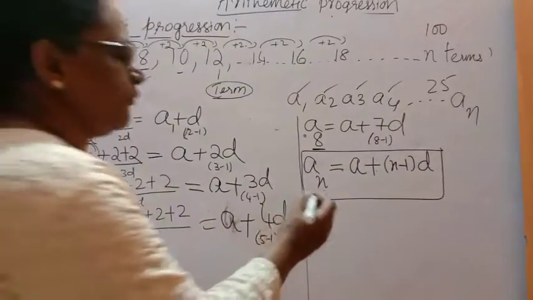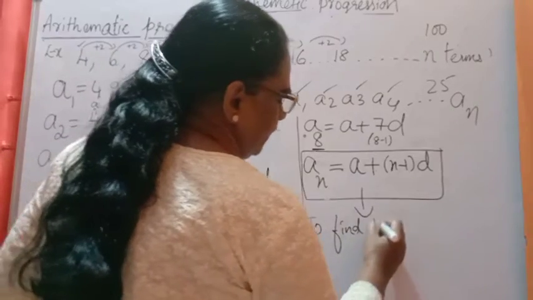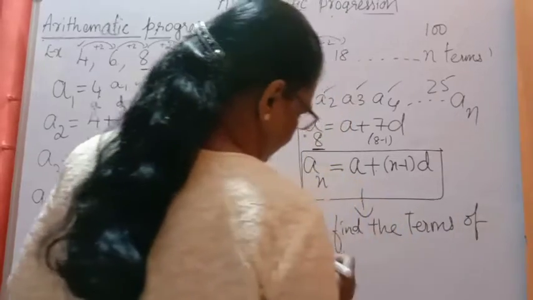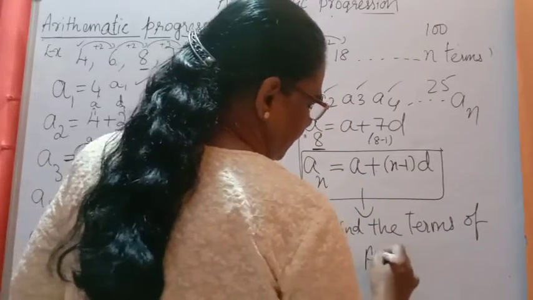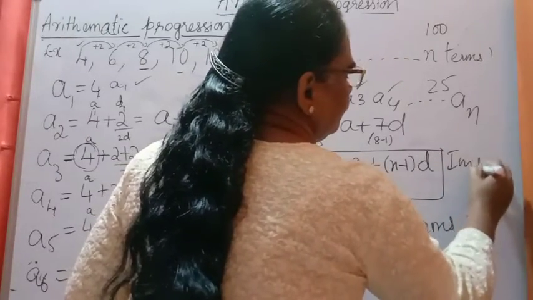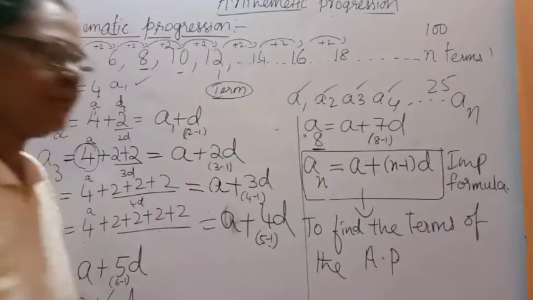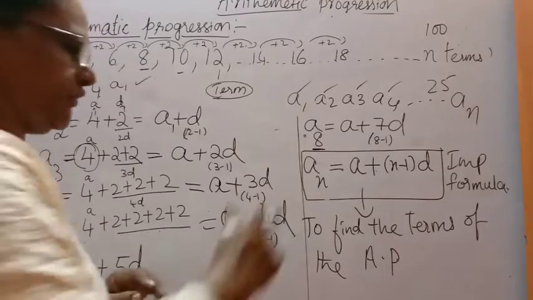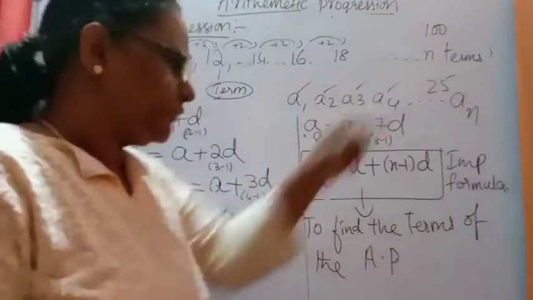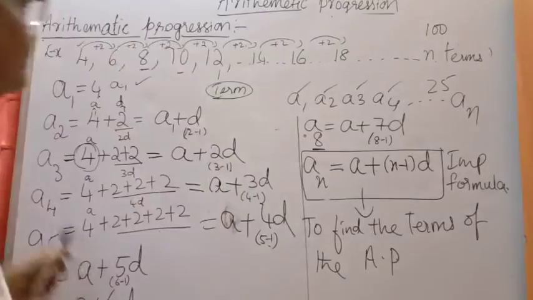So this is how the formula to find the terms of the arithmetic progression. This is the formula to find the terms. See here, in this, AN is nothing but your last term.